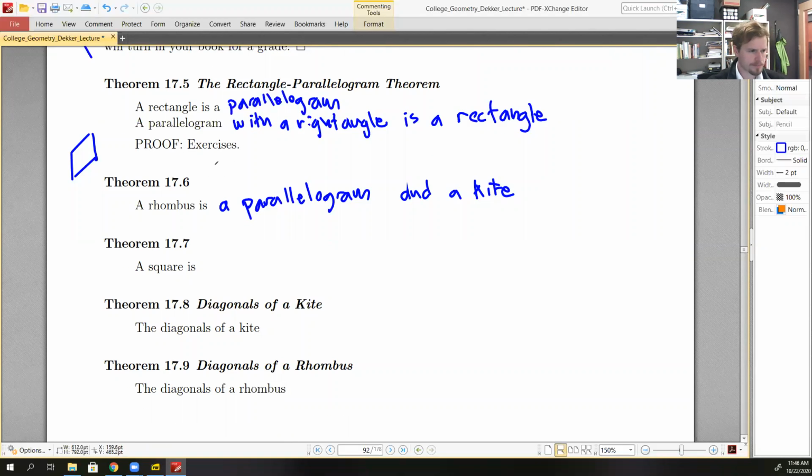A square is many things, right? It is a rectangle. A square is a rhombus. A square is a kite. And of course, it is a parallelogram as well.